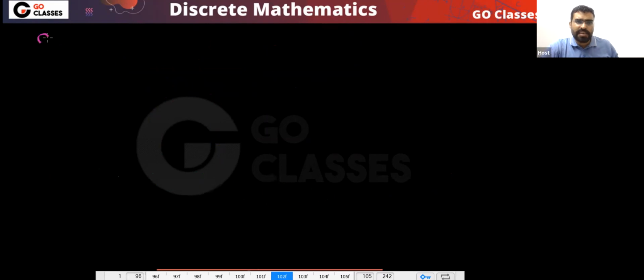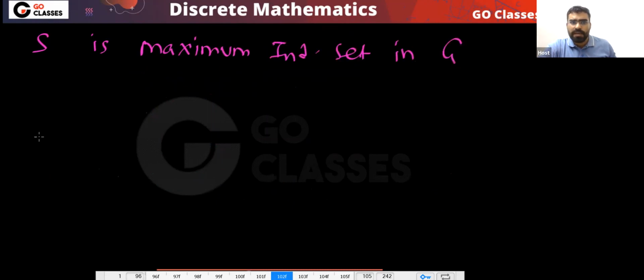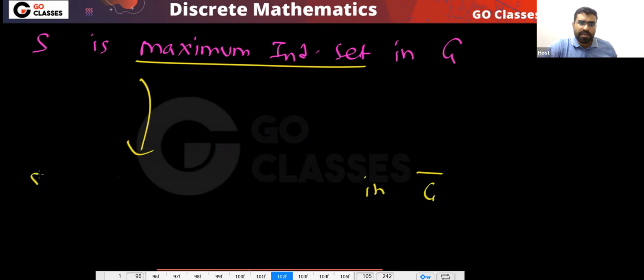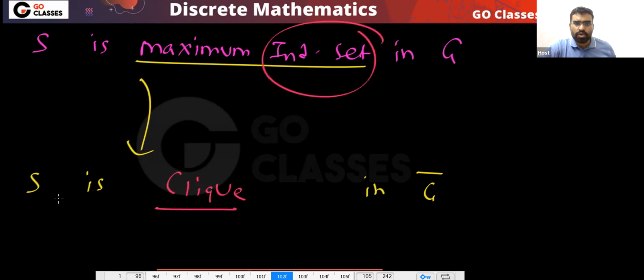If S is a maximum independent set in G, then since it is an independent set, S will become a clique in G complement.